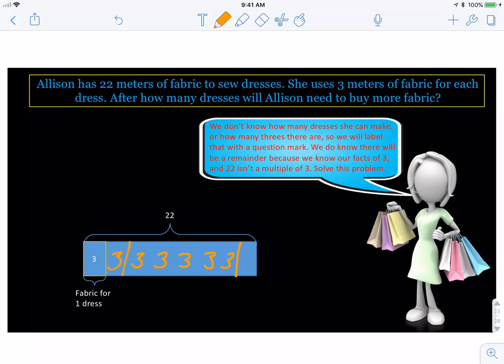So we know we have 21 with a remainder of 1. So how many 3's do we have? 22 divided by 3 equals 1, 2, 3, 4, 5, 6, 7.